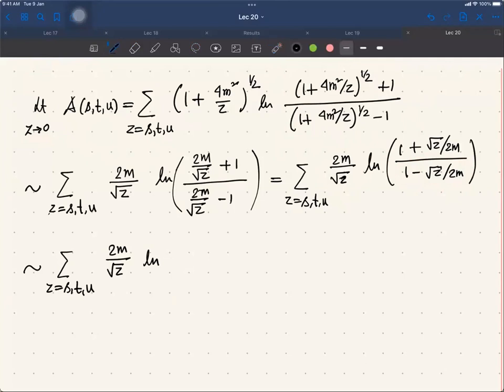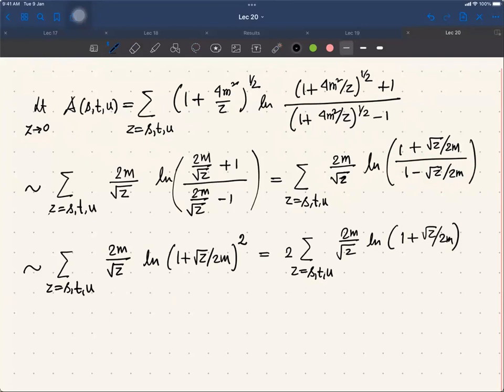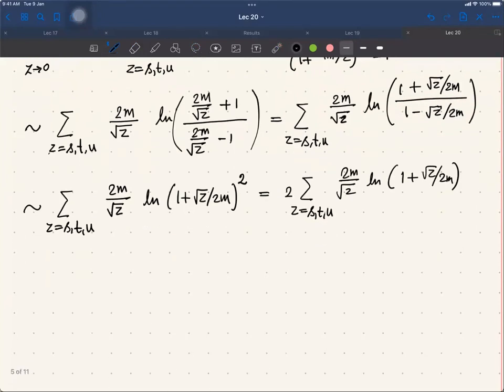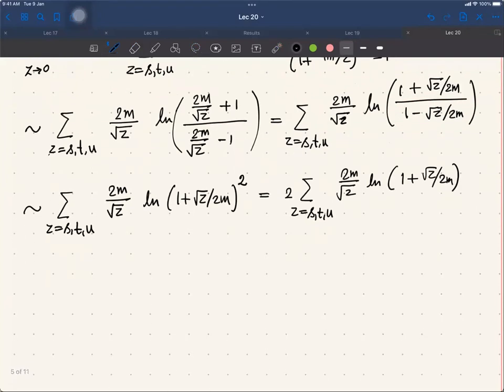So this will give you 1 plus root z by twice m. And that's equal to 2 times the sum over z equals stu of twice m over root z log of 1 plus root z over twice m. And log 1 plus x starts with x and then higher order in x.